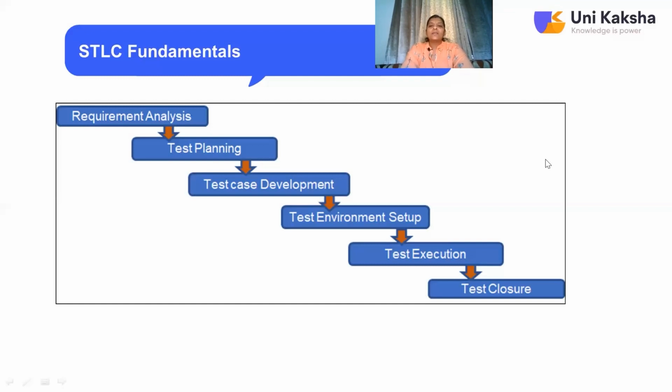Now, finally, is the test closure. In this phase, which is considered the last phase of STLC, the testing process is completely analyzed. So these are the steps involved in the STLC, that is, the software testing life cycle.